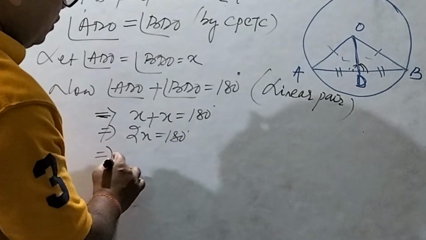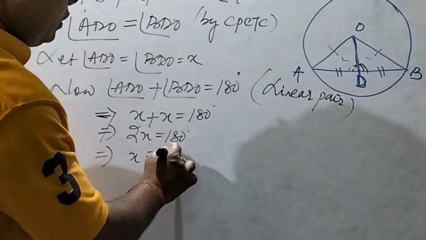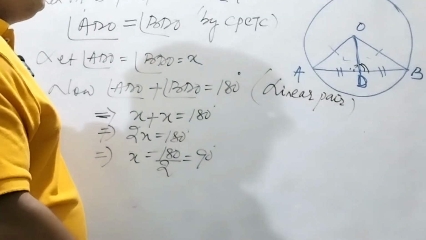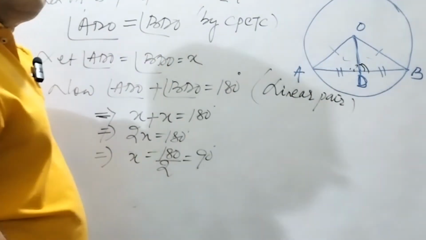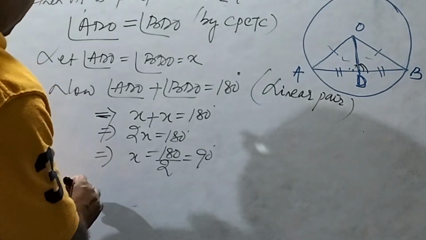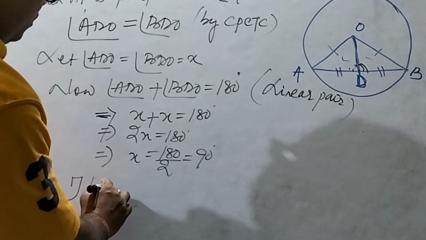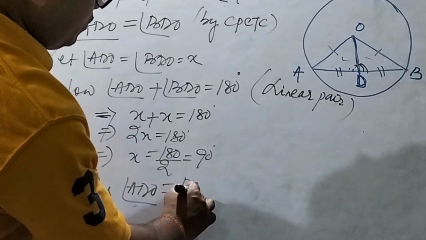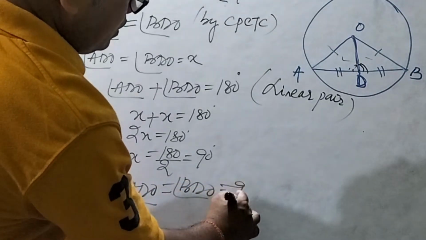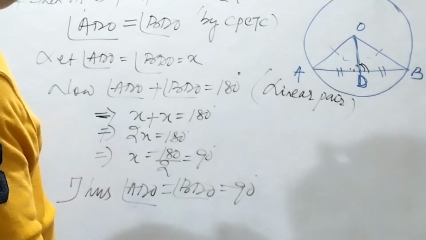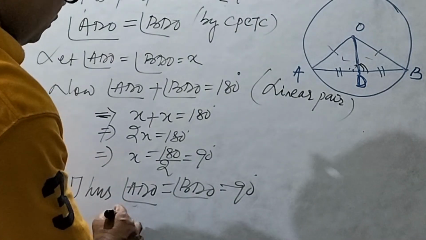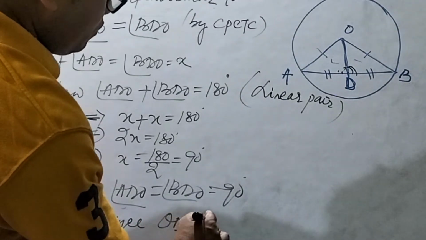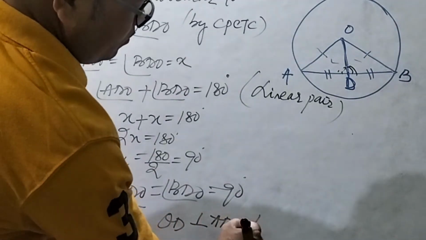That implies x will be 180 by 2, that is 90 degrees. So here we got each angle measures 90 degrees. Thus angle ADO equals angle BDO equals 90 degrees. So finally you can write, hence OD is perpendicular to AB. Proved.